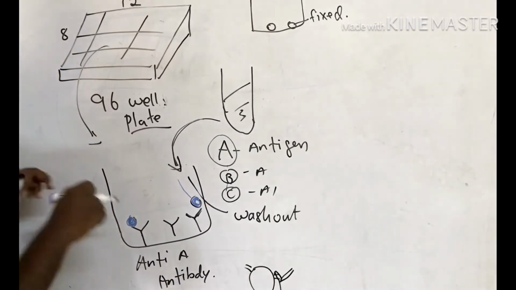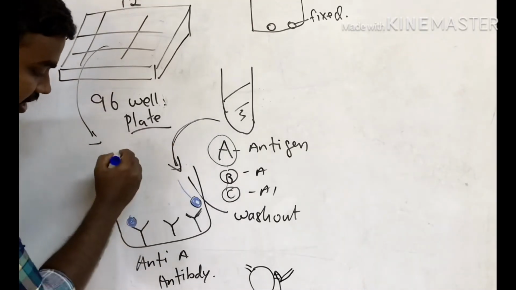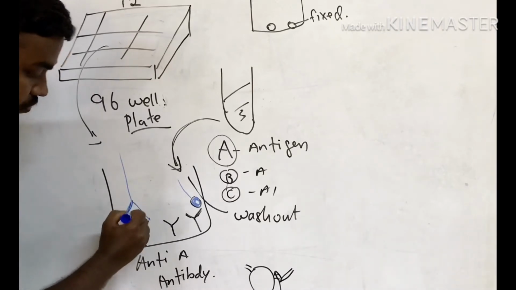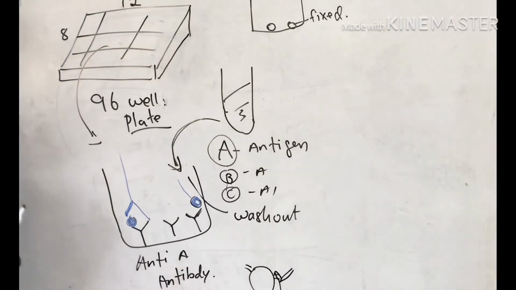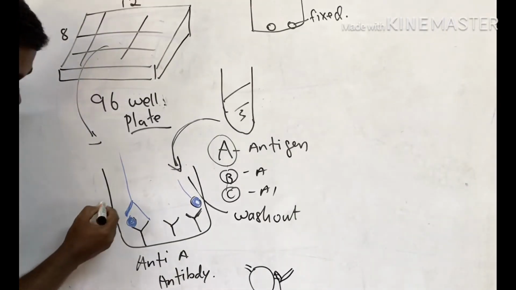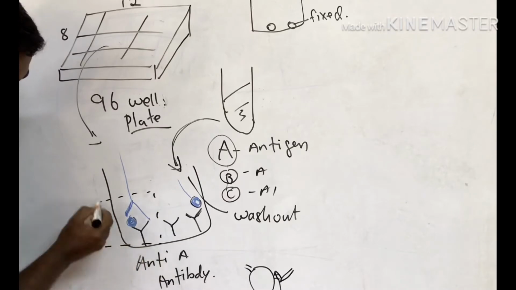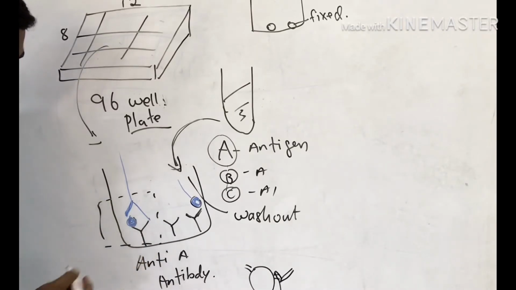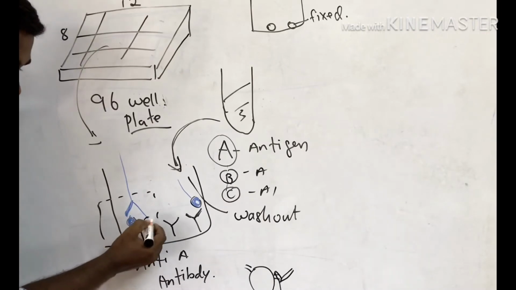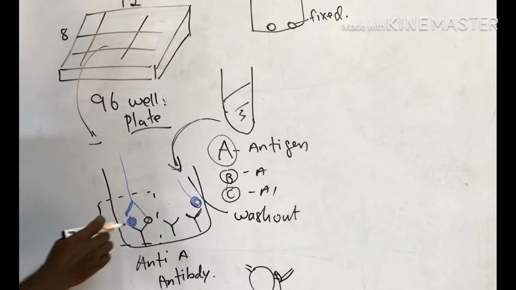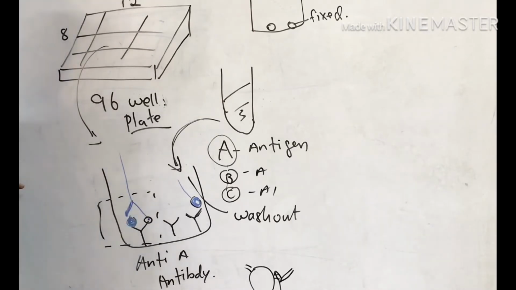Once I add it, it will come and attach to this antigen. So now you can see it looks like a sandwich. Two antibodies are present, and in between the antigens are trapped. So that's the reason we call this a sandwich ELISA.